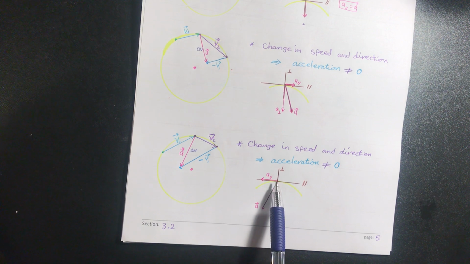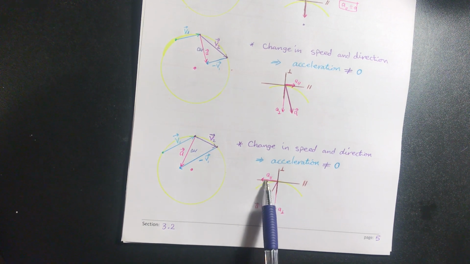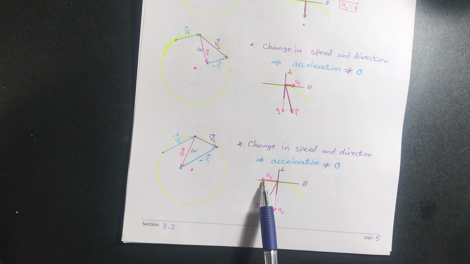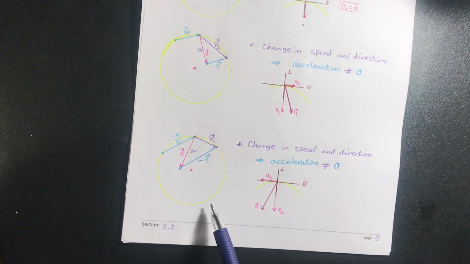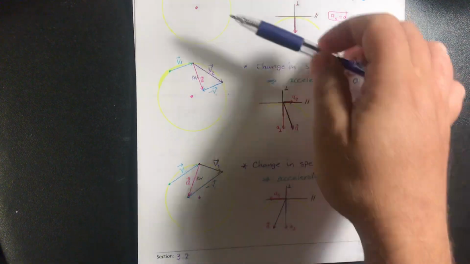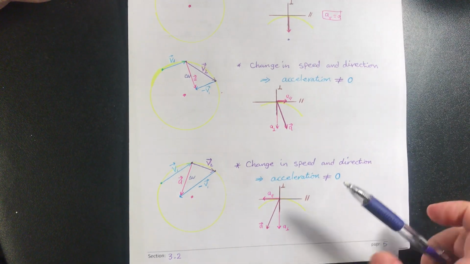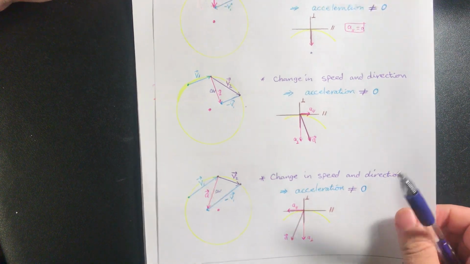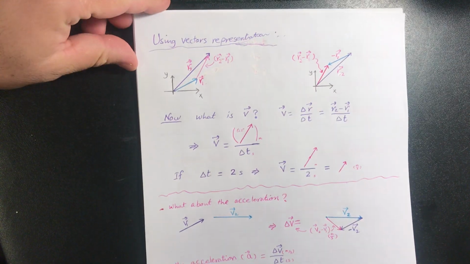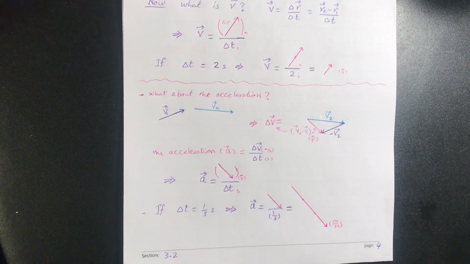The tangential component will be in the negative direction if we have deceleration, which is the negative acceleration. Be careful for these three cases, and this part of this section is important in the lab section.